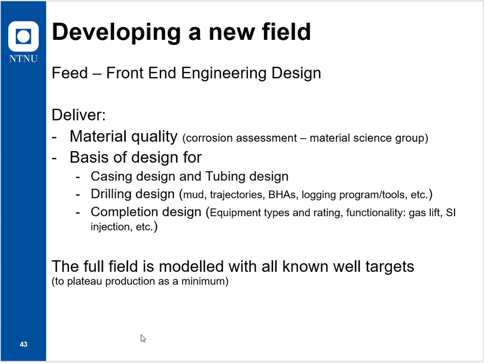If you change trajectory, typically that affects the casing design and the drilling design, meaning torque and drag, and so on and so forth. If you try to save something in one end, it usually affects the other in not a typically positive way.